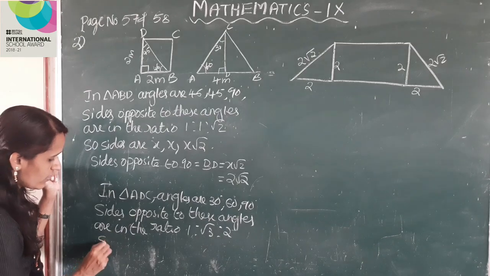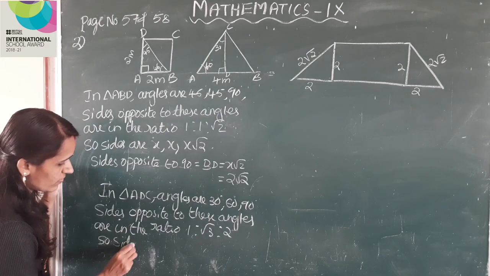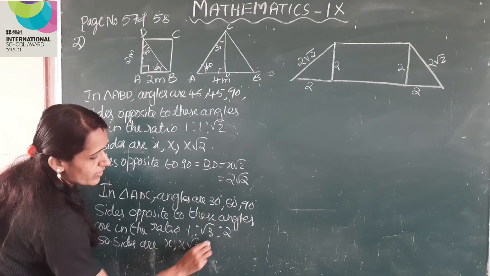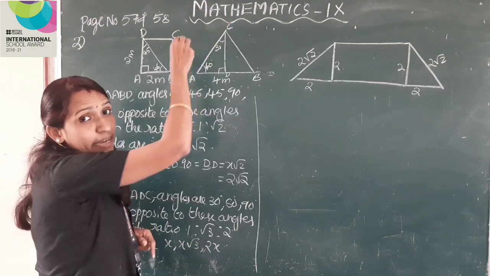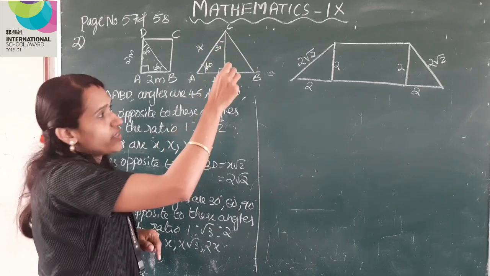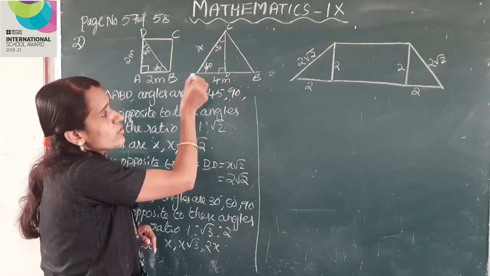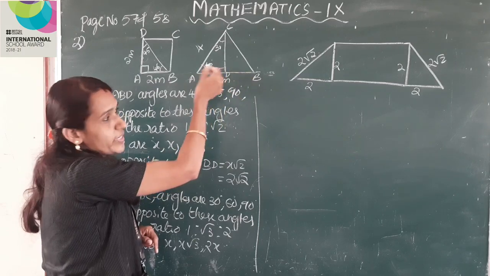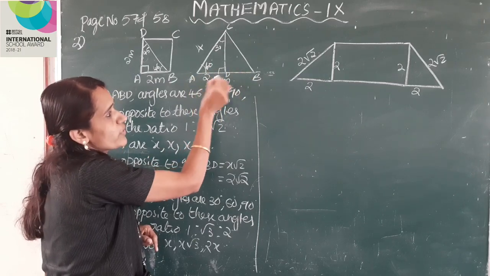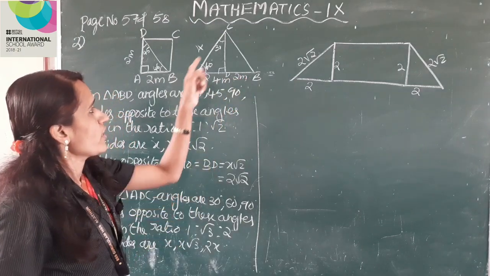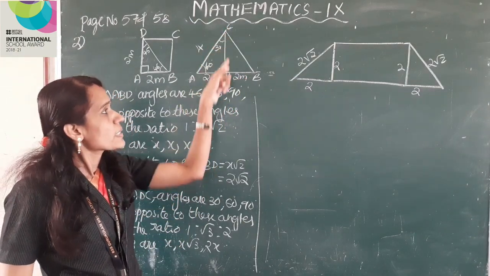So sides are x, x√3, 2x. AC is also 4 meter. CD is perpendicular to AB, so AD and BD length are equal. AD is 2 meter and BD is also 2 meter. Next we have to find CD.